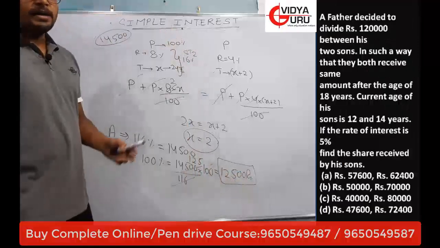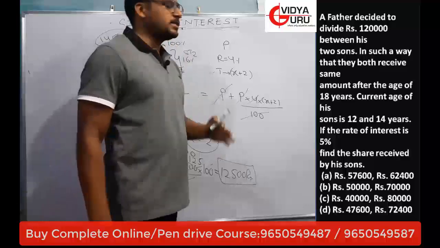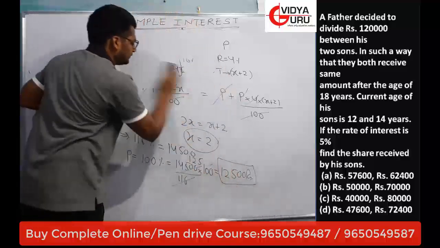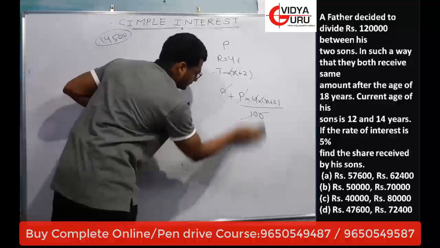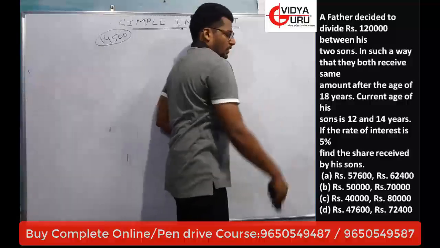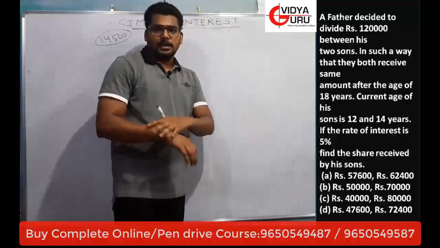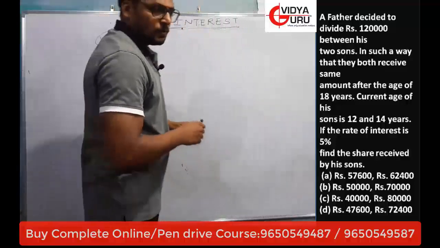Coming on to our next and last question of simple interest. Our last question is a very interesting question and was seen in a recent exam. What is the question saying?